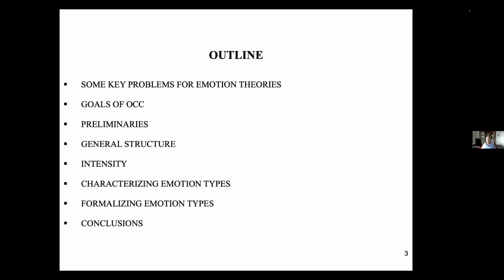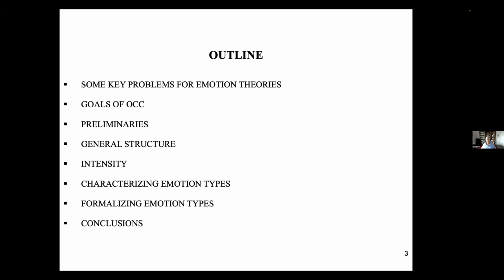So here's a brief outline of the talk. First, I'll discuss some of my favorite key problems for emotion theories, which will give me a more general context. In that context I'll introduce the goals of OCC, and there'll be some preliminary issues which I'll discuss, some of which are related to the key problems that I've laid out.